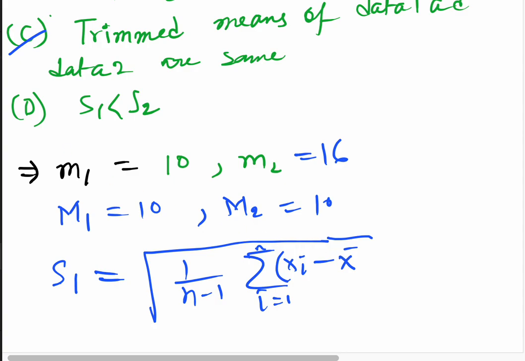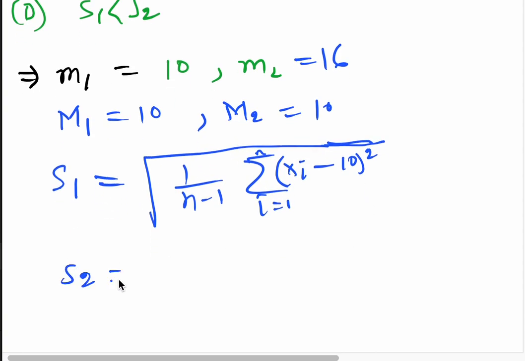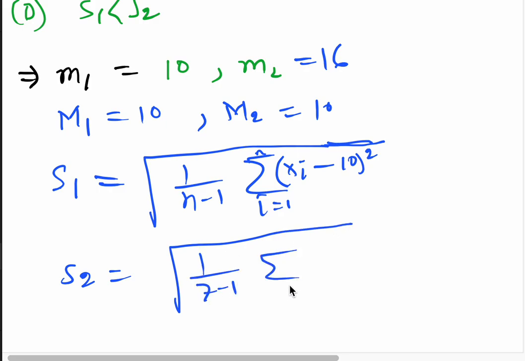For S1 it is mean 10, and for S2 it is root over of 1 by 7 minus 1, summation i equal to 1 to 7, xi minus 16 squared.